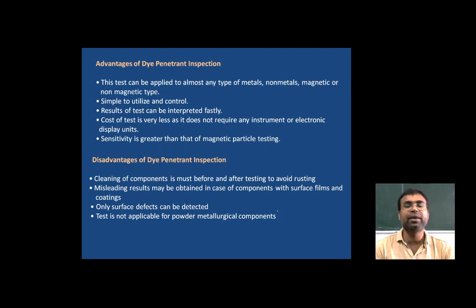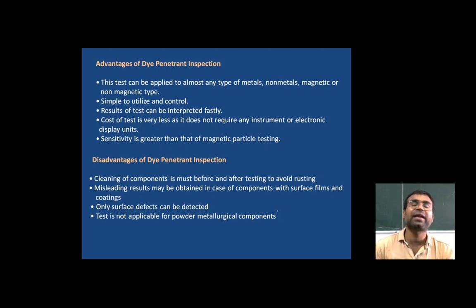Misleading results may be obtained for components with surface films and coatings. If we do not clean the surface properly, the result may vary due to the films of the coating.